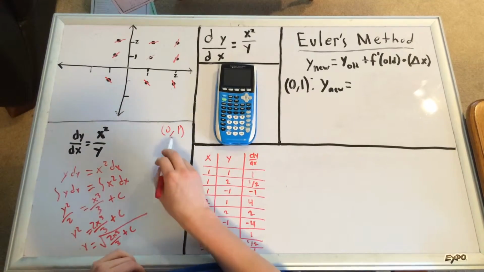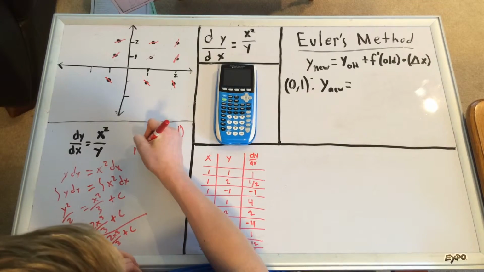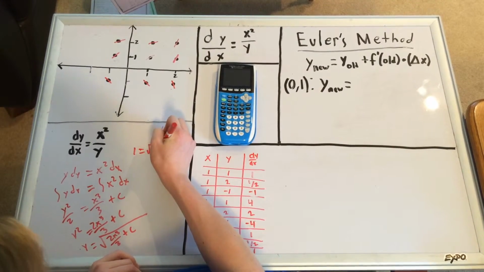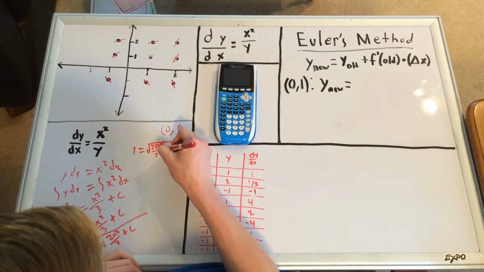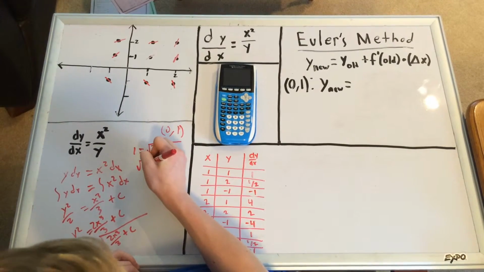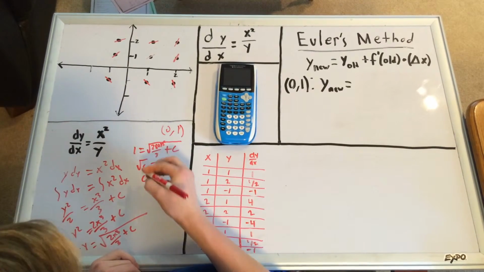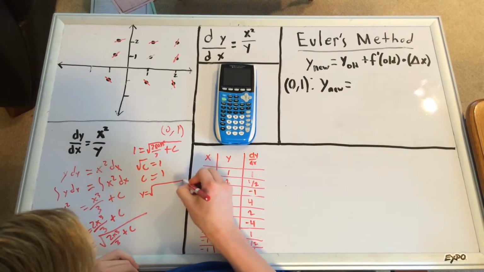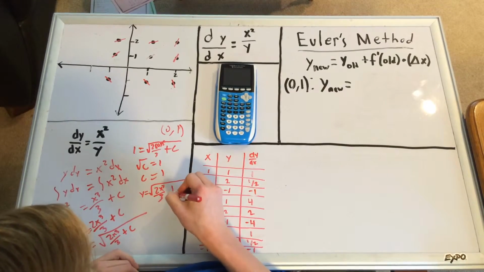And we're going to plug in our initial condition to find what c is. So 1 equals the square root of 2 times 0 cubed over 3, which will turn out to be 0, plus c. So root c is equal to 1. Squaring both sides, we get c equals 1. So our final equation will be y equals the square root of 2x cubed over 3 plus 1.